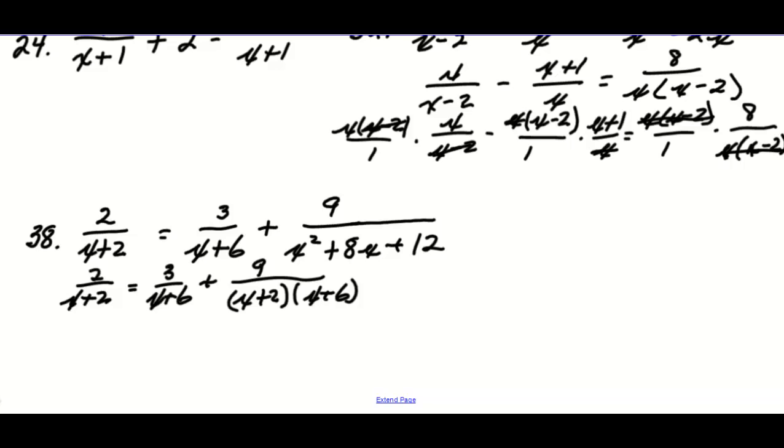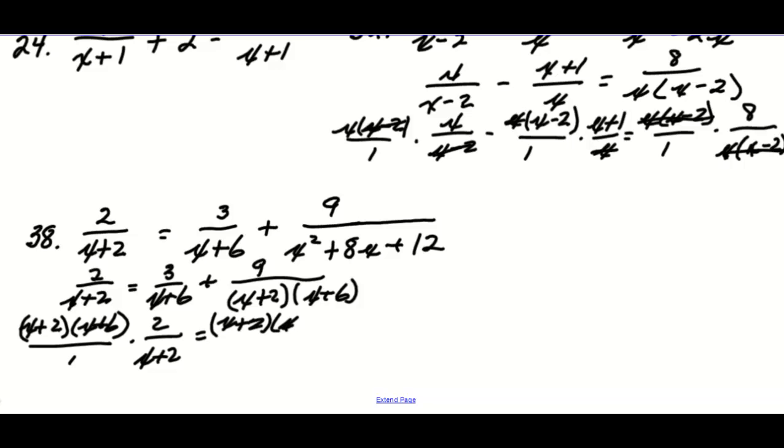So we're going to put that x plus 2 times x plus 6 over 1 times 2 over x plus 2. That's equal to x plus 2 times x plus 6 over 1, and that's times 3 over x plus 6.